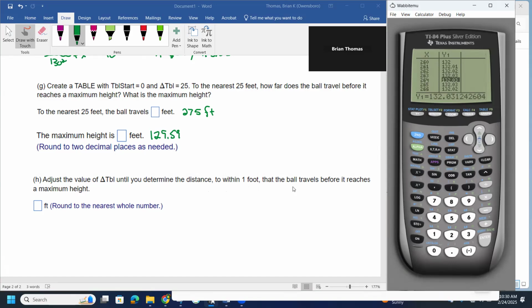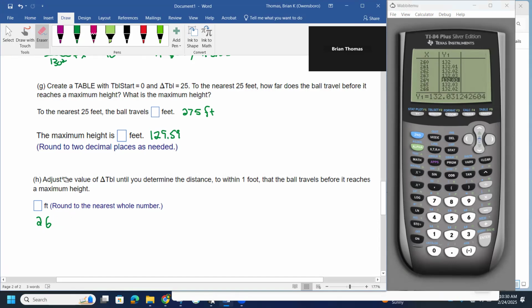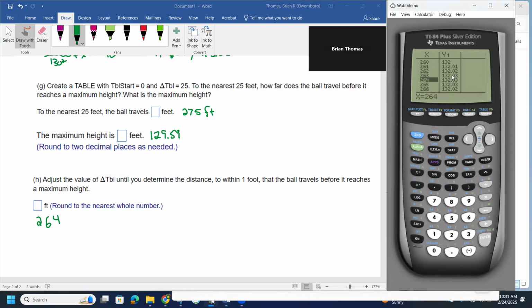So how far does the ball travel before it reaches its maximum height? Based on that, we're seeing 264 is where it hits the maximum height. So the trick to H is you have to slide over to the Y column and start studying the Y values, because if you stay in the X column, the Y's are harder to discern between.